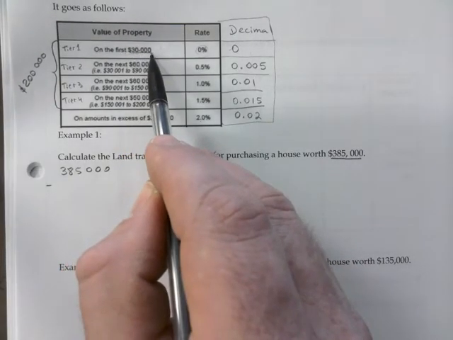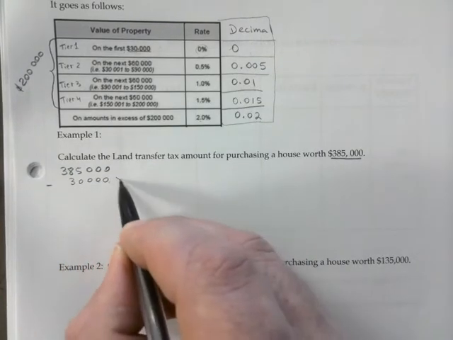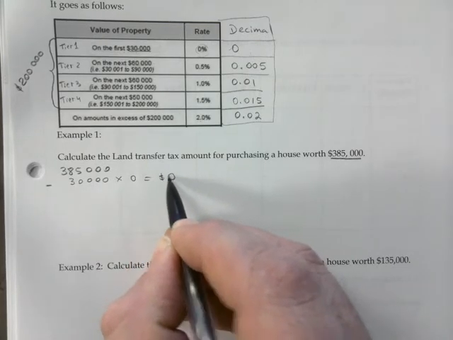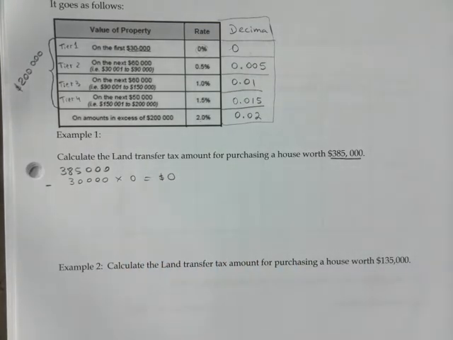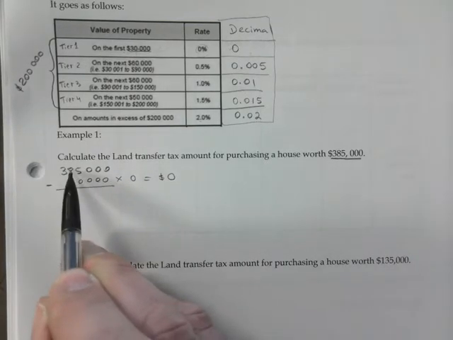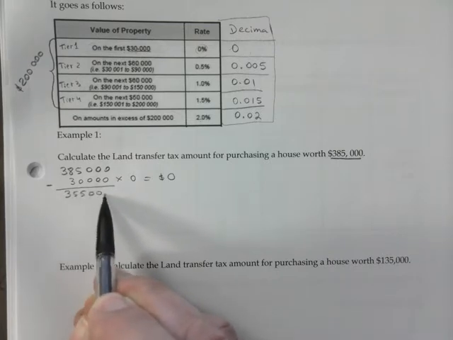The first tier is $30,000, and you pay 0% on it, which, guess what? It's $0. No taxes paid on that 30,000. You do the subtraction, you end up with 355,000 that's left.